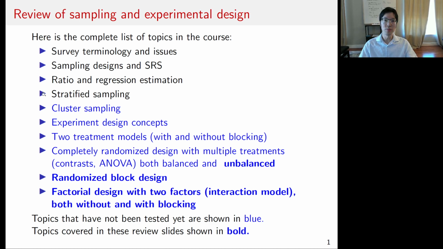The 4 topics at the top were tested already on midterm 1, and everything in blue has not been tested yet. That's starting from cluster sampling to the end of the course, which was our very last model on Wednesday, factorial design with blocking, 2-factor with blocking.